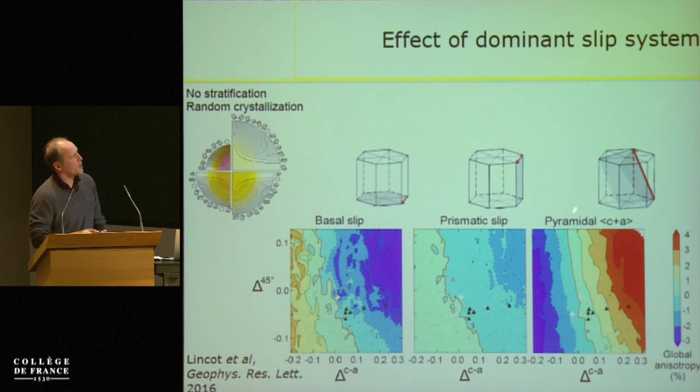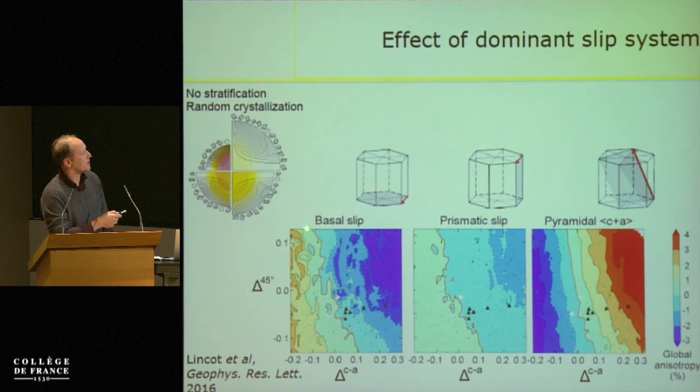Now, if you put the pyramidal C plus A slip system being dominant in HCP iron, then you start getting a lot of anisotropy, and it's the right order of magnitude, and you have many solutions. This is plotted as a function of the difference between the velocities along C and A, and this is the maximum at 45 degrees in the single crystal.